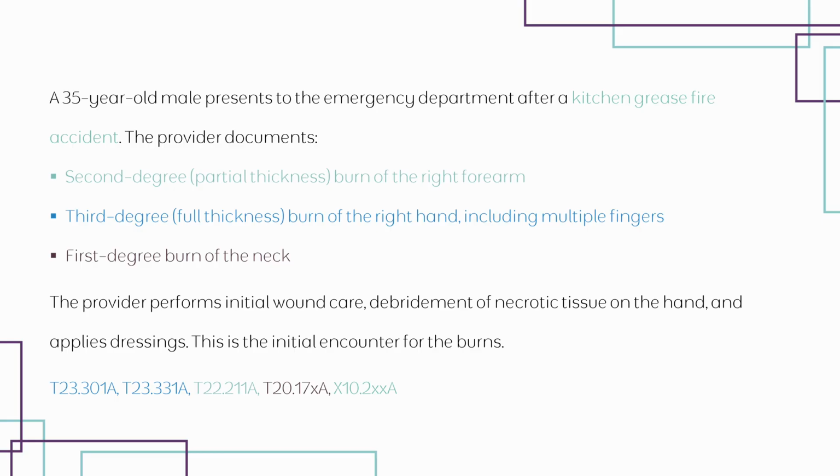We should have a total of 5 codes. Let's recap those one last time. T23.301A for the 3rd degree burn of the right hand. T23.331A for the 3rd degree burn of multiple fingers.